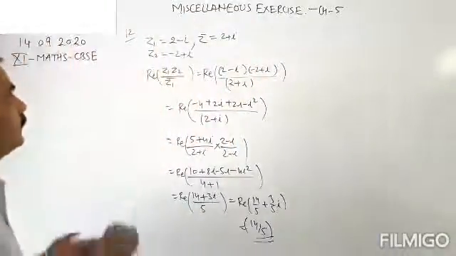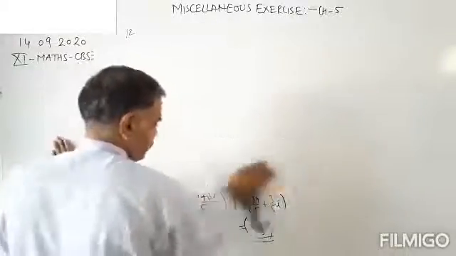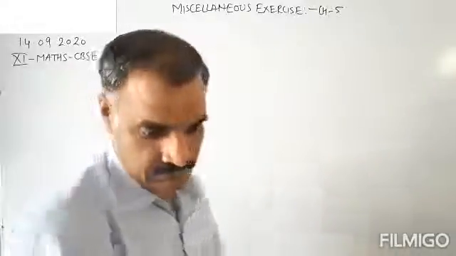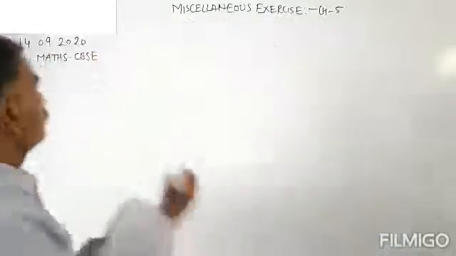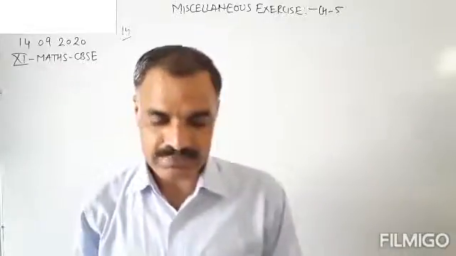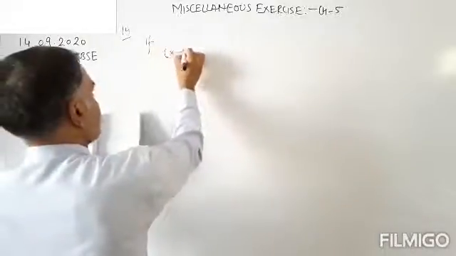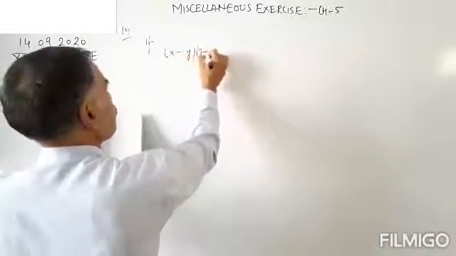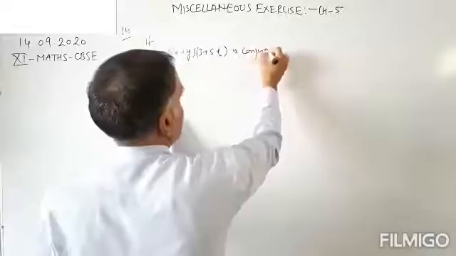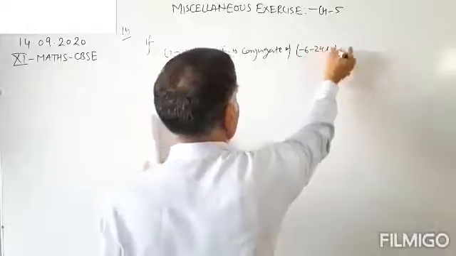Question number 14 is: find the real numbers x and y if (x minus iota y)(3 plus 5 iota) is the conjugate of minus 6 minus 24 iota.